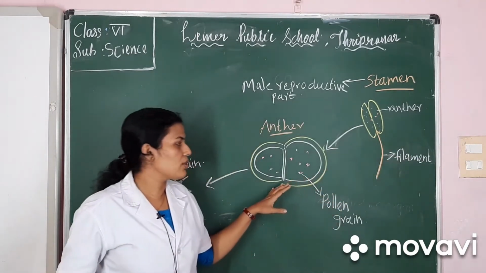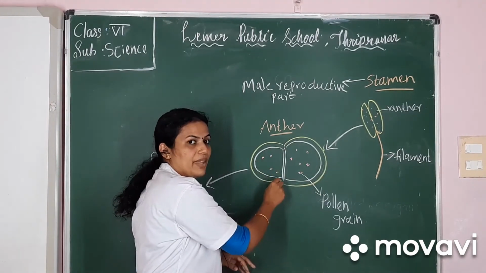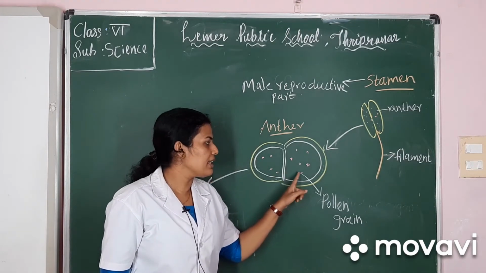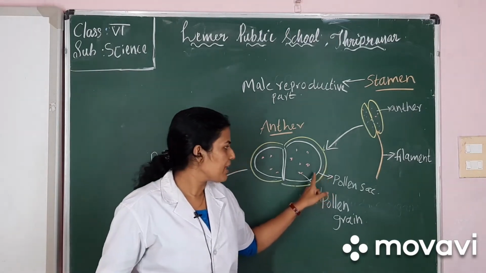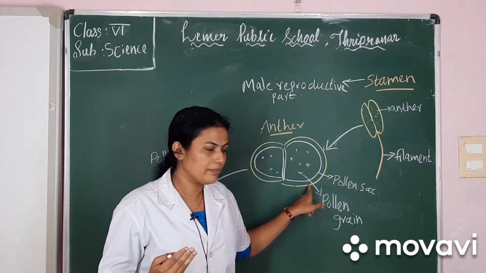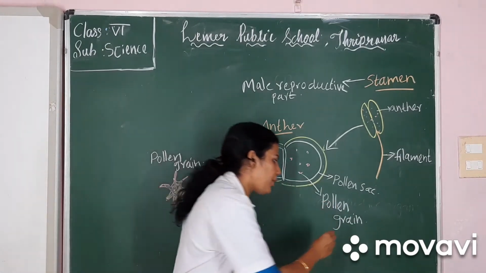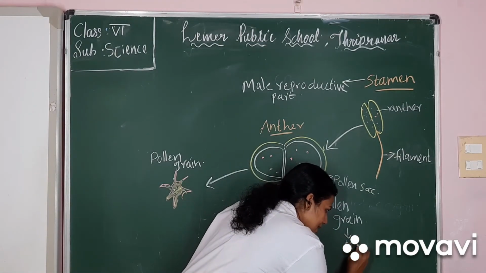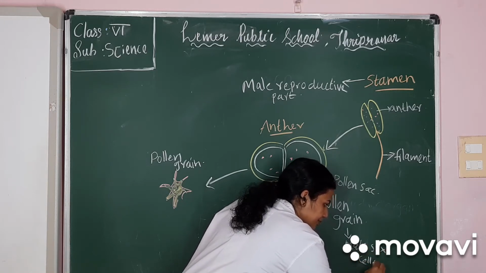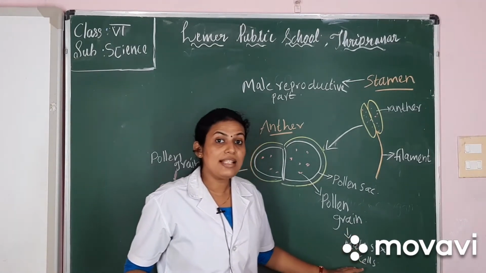Here the teacher has drawn an anther, which is two-lobed, and inside the anther there are pollen sacs, and these pollen sacs contain pollen grains. Pollen grains are male sex cells.